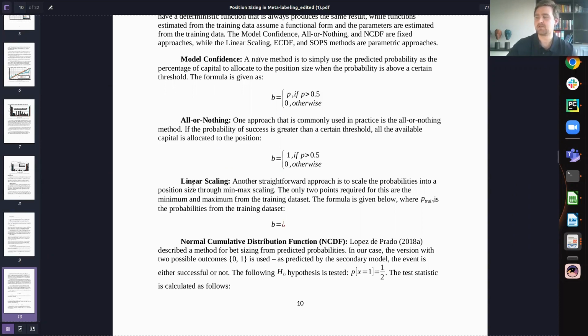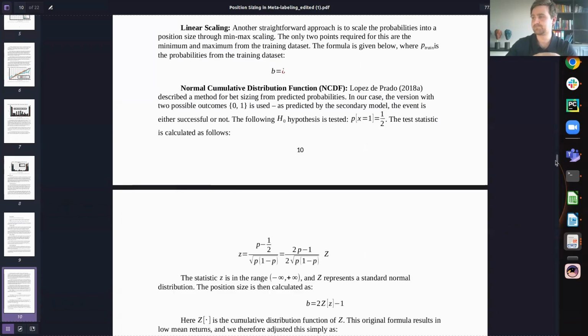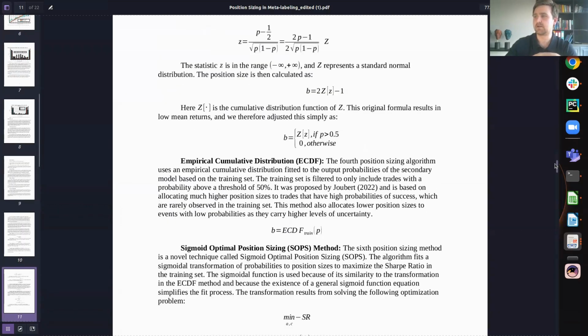Then you have linear scaling, where you just use min-max scaling on the probabilities. And then I quickly mention the empirical cumulative distribution function, where you fit it on the training set and then use it on the test set when you're actually trading.